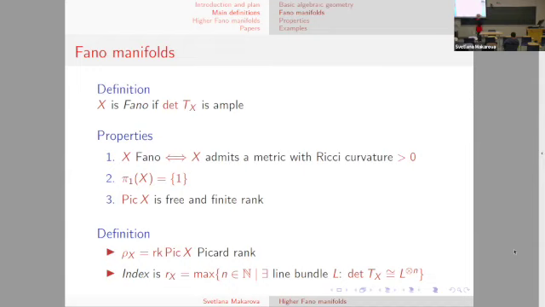It will be the maximal multiple of some line bundle that gives us the determinant of the tangent bundle. So in other words, you can think of it as a number that describes how divisible this determinant is inside the lattice Pic X.